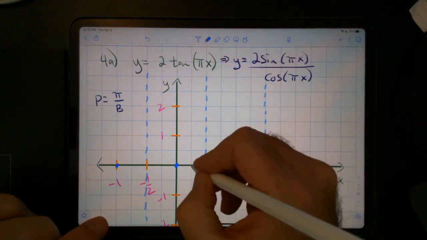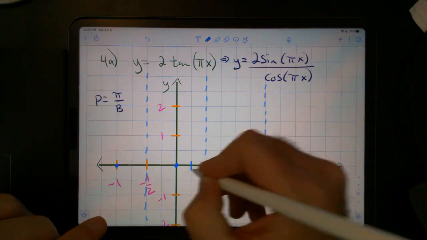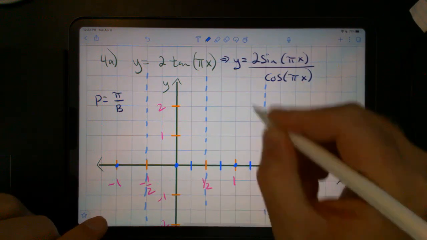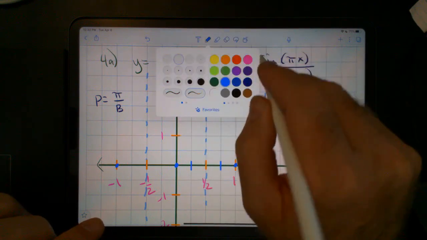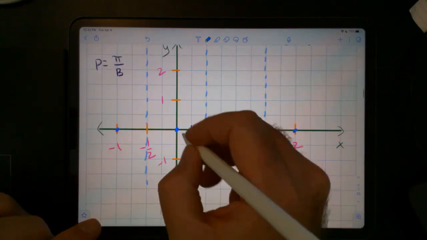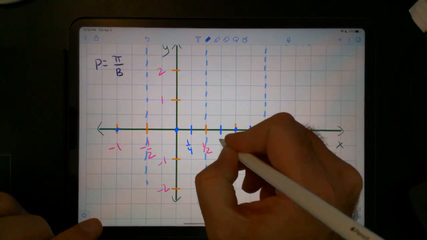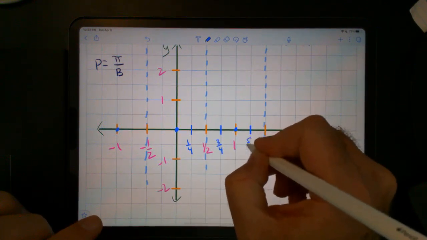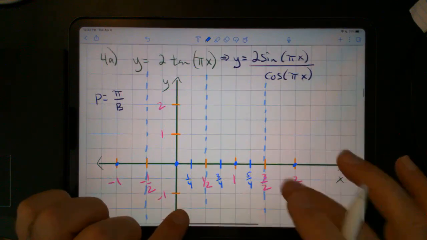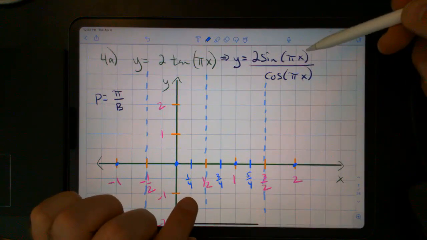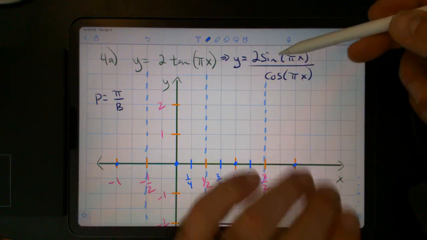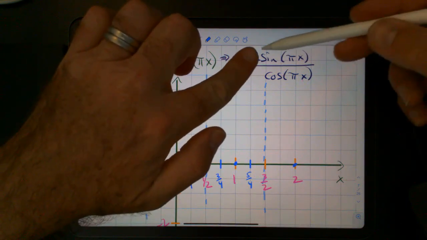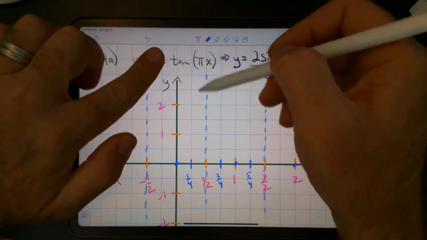If we look at these midpoints, you may see that this is 1/4, this is 3/4, this is 5/4. So when x is 1/4, we have sine of pi over 4. That's radical 2 over 2. We can even go back to here.